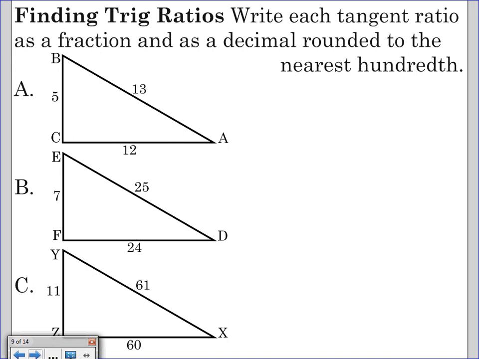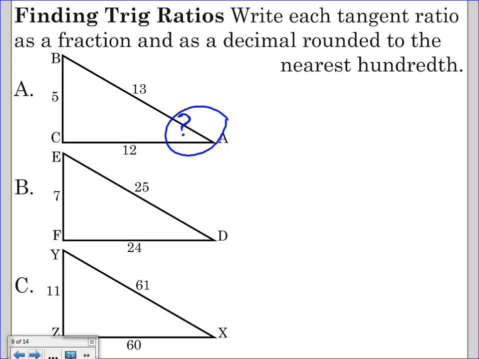So, in A, we're going to take a look at angle A. Now, I told you the first thing that we do in order to set up a trig ratio is to circle the angle that we're given or asked to find. For all purposes of 8-2, we're going to be circling the angle that's given.